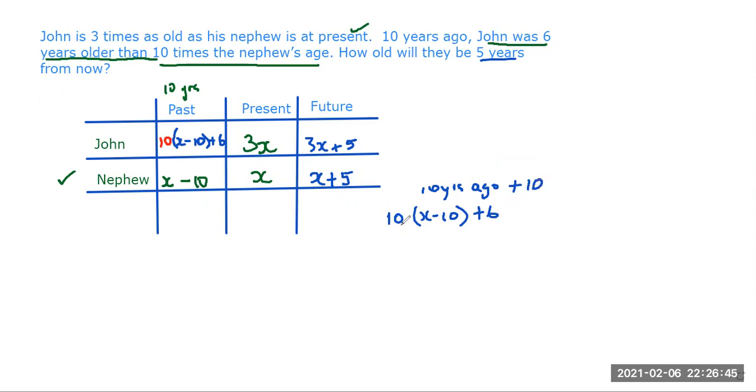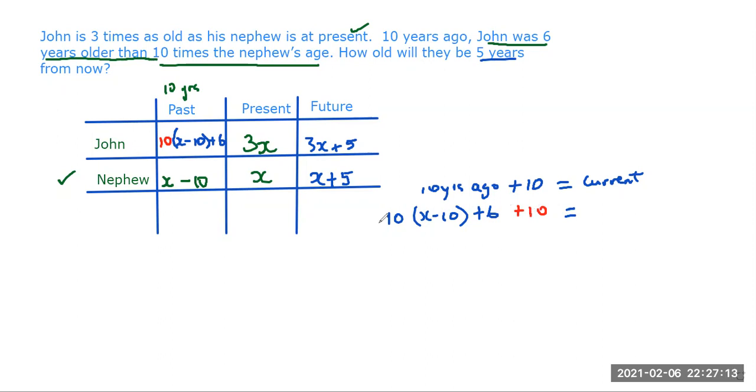So if I knew your age 10 years ago, then I can find your age now by simply adding 10. I'm going to add 10 to his age, which was his age 10 years ago.